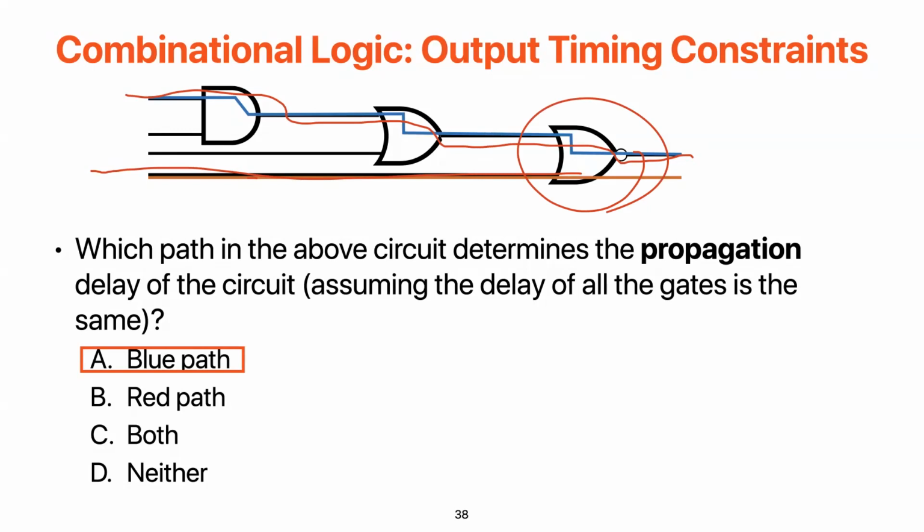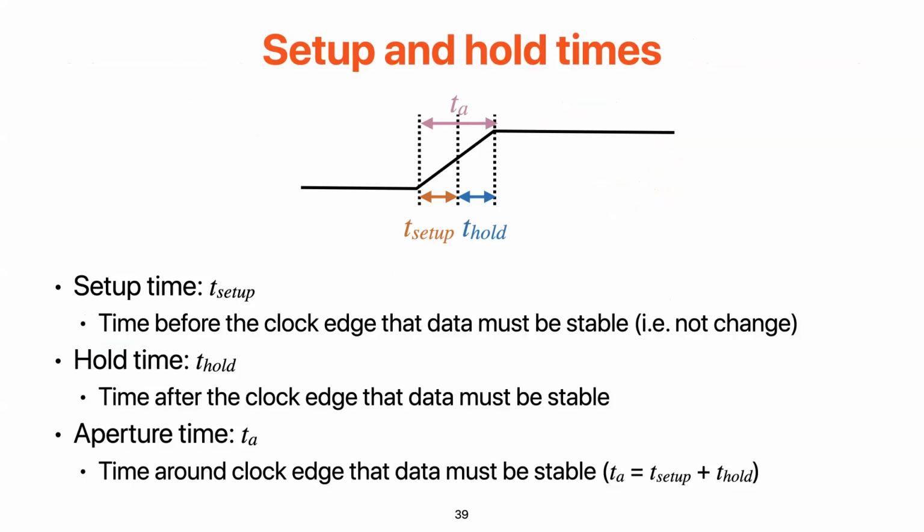Okay, and by saying delay, it's not about the length of the path, it's about how many gate delays and how long the wire delay in total that we have to suffer. Okay, so given that we know this, there are a few other constraints we have to follow when we are designing or deciding our clock cycle time.